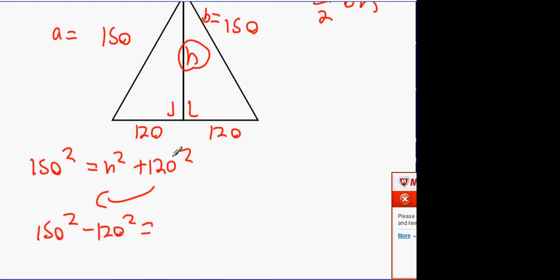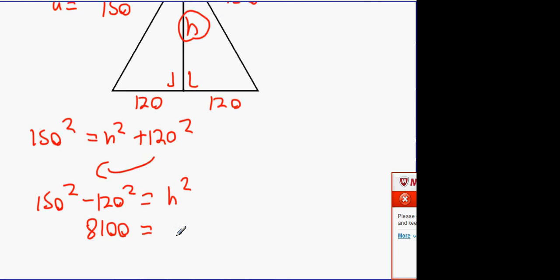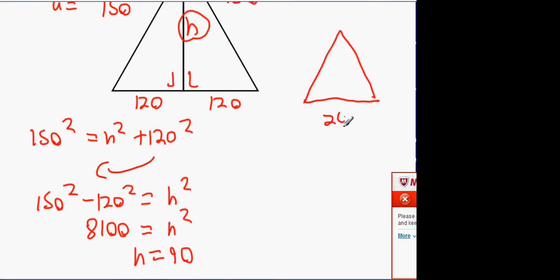You split the base, the Pythagoras' theorem way. 8,100. Square root of 8,100 is 90. Now we have this triangle still. Its base is 240 and its height is 90. How do we get the area of that?